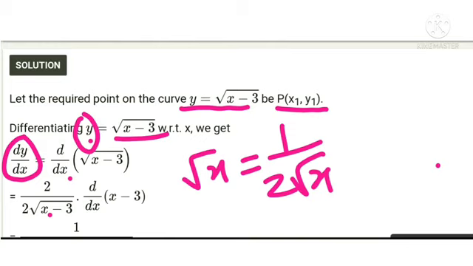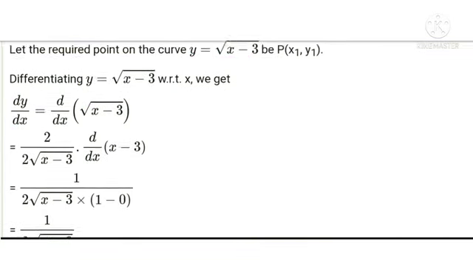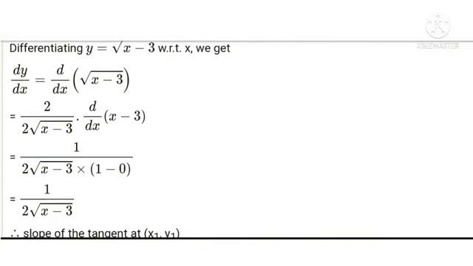Okay, so next step is, see, here the 1 is a printing mistake. 1 by 2 root x minus 3 as it is, into the derivative of x minus 3. The derivative of x is 1 and the derivative of 3 is 0.